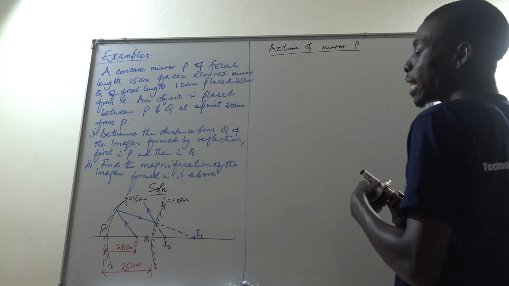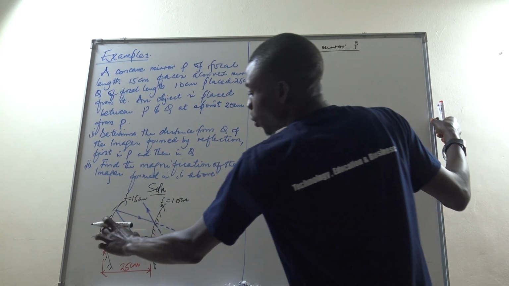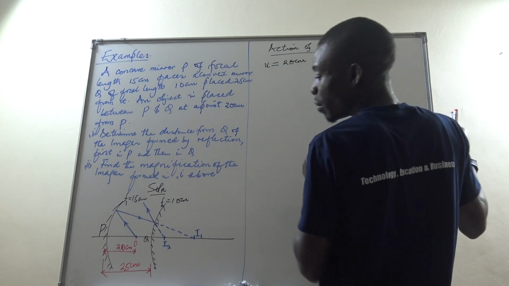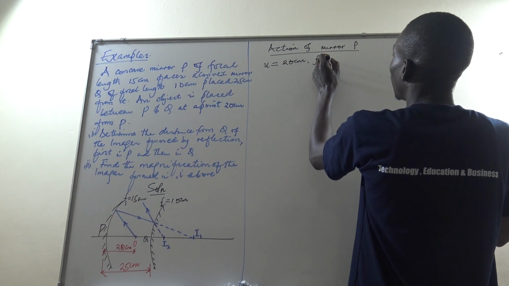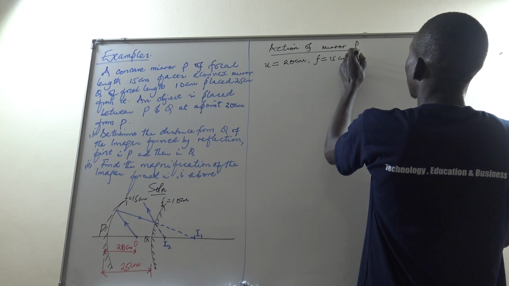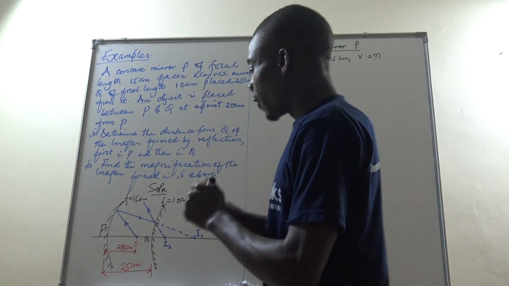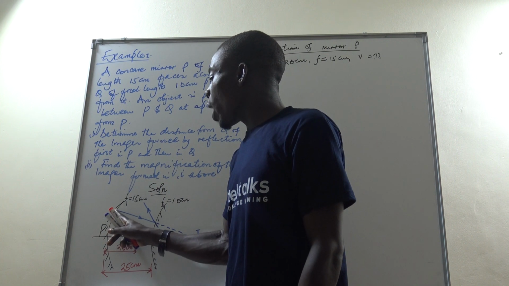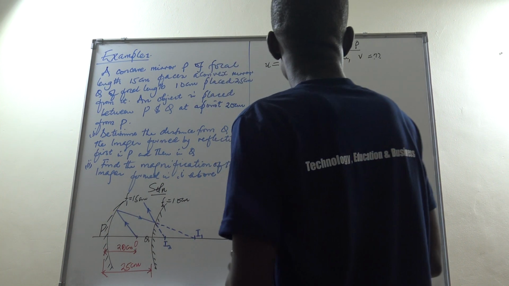And we are aware that for concave mirror, the object distance we are going to use is the 20 centimeter. And now we have F as 15 centimeters. We are supposed to find what would be the image distance. If this object is acted upon by this mirror here, where is it going to throw the image? And that is the image I1.